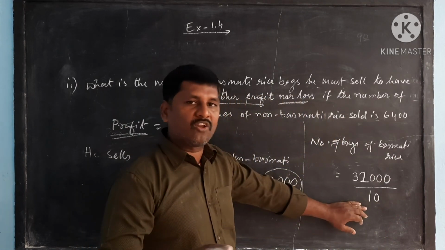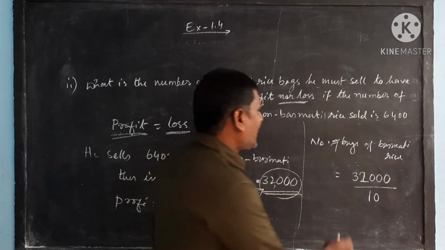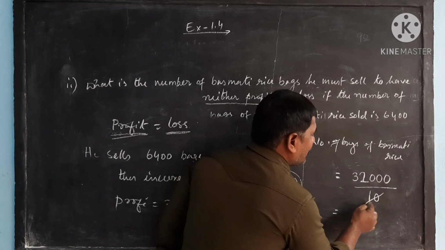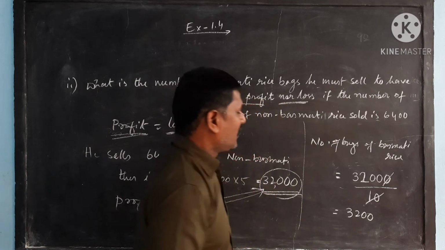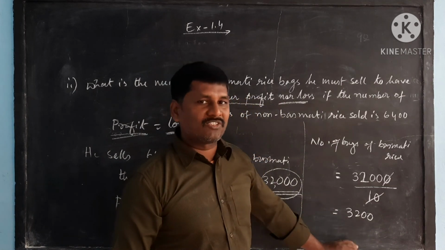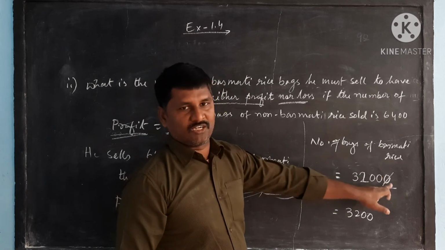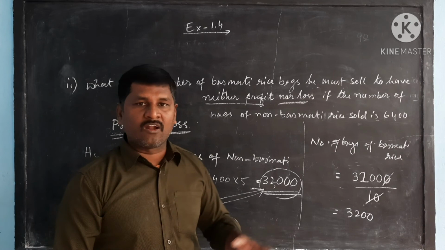Because he gets 10 rupees for each bag of basmati rice, you get 10, the 0s cancel, and then you get 3,200 bags. So when he sells 3,200 bags, he will get the profit of 32,000 rupees. Then only the merchant will have neither loss nor profit.